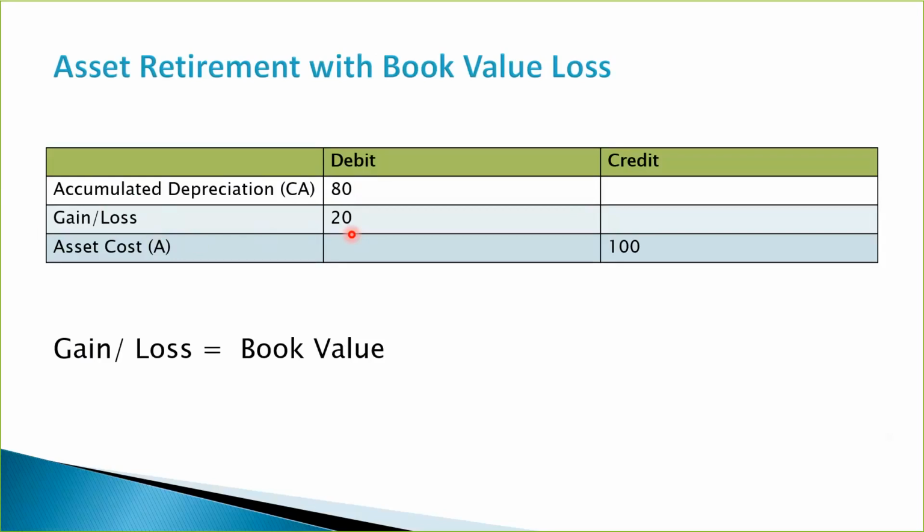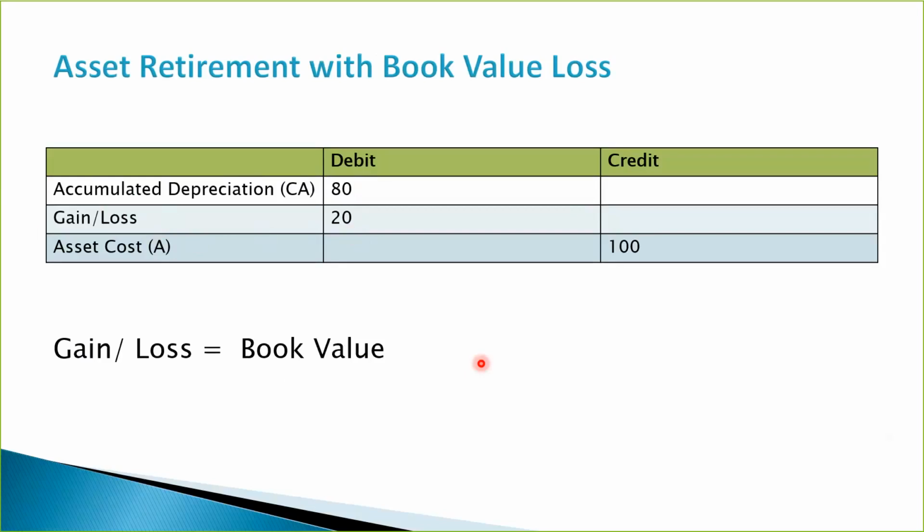So this is asset retirement with book value loss. Before the asset has been fully depreciated, you're forced to retire it. And this is what the accounting would look like. And in this case, the gain or loss is equal to book value. In this case, because it's a loss, it's the negative of the book value, right?